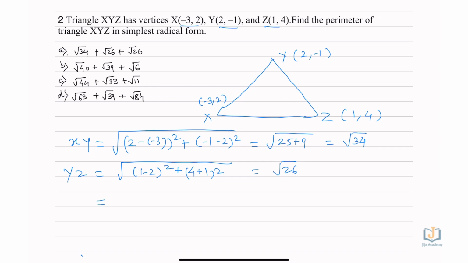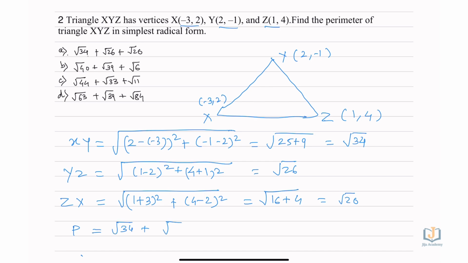So ZX is equal to (1 plus 3) whole square plus (4 minus 2) whole square, is equal to 16 plus 4, is equal to 20. So perimeter is equal to under root 34 plus under root 26 plus under root 20. So option A is the correct answer.